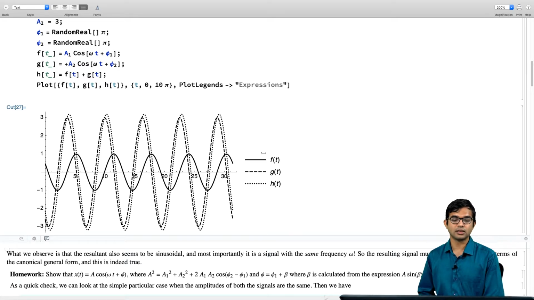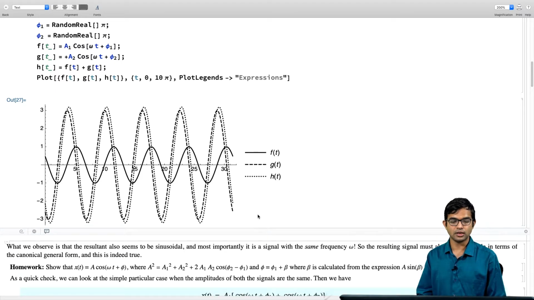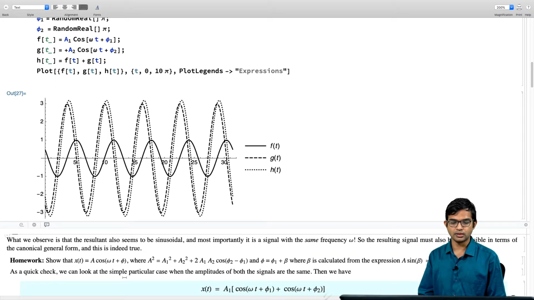So you have to extract these constants a and phi and rewrite them in terms of a1, a2, phi1, phi2. These are the knowns, and you need to get to a and phi. It's a relatively simple exercise for you to show that, using these expressions which are flashed here, for a squared and phi, you can actually work out what a is and what phi is.